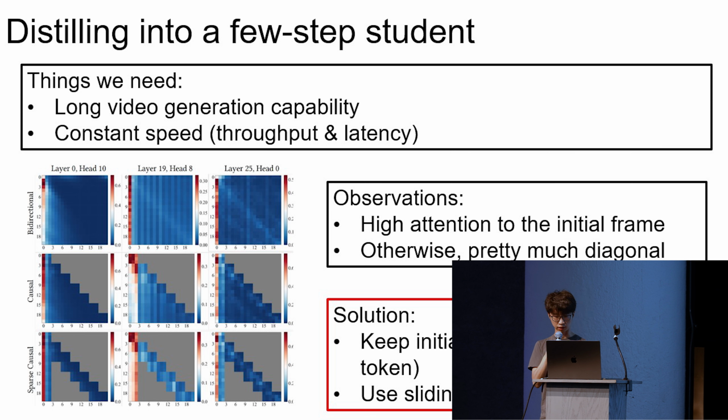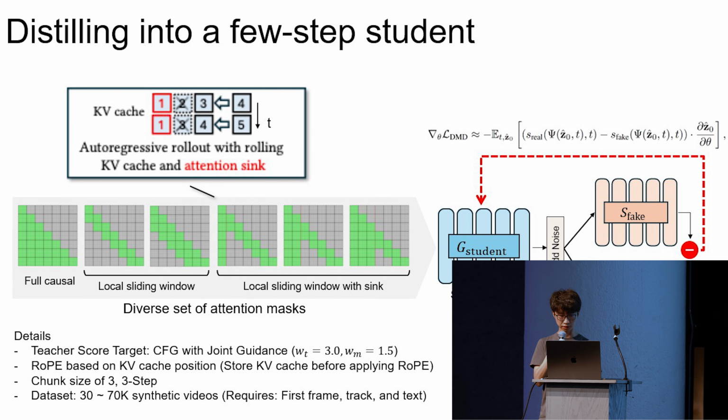This motivates us to use sparser attention and an attention sink, both to reduce the computation cost and to anchor the model so it can always attend to the same initial frames, which reduces error accumulation when you extrapolate longer than what the model is trained on. Then we do this self-forcing style rollout, but with different attention sinks and local attention windows.